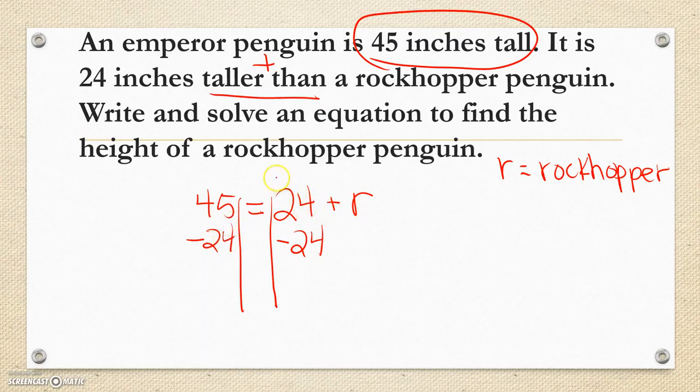So those 24s on the right cancel out. I'm left with just R. Drop down my equal sign, and I have to find the difference of 45 and 24. So when I subtract 24 from 45, I should end up with 21 equals R. And what that means is the rockhopper penguin is 21 inches tall.